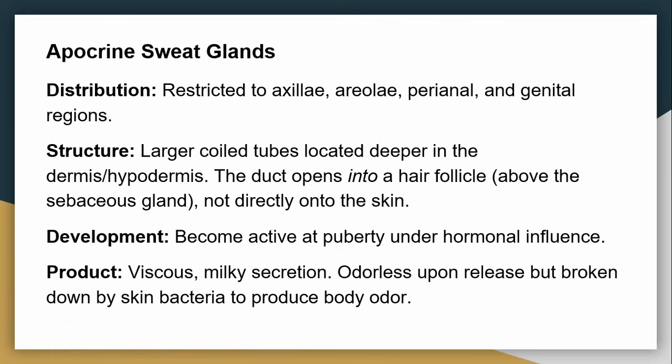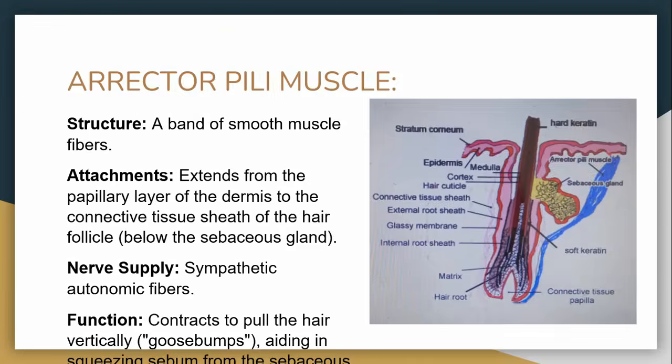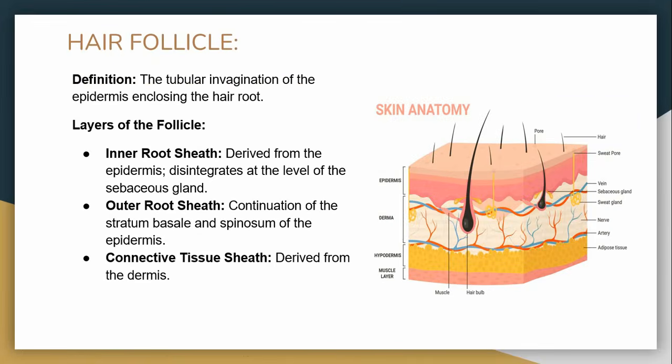You can remember that with a simple thing that helps me: apocrine comes with an A, and axilla, areola, these again come with an A. So keep in the back of your mind: apocrine, axilla. And if axilla, then the other things will come, like areola, perianal, genital, some specific regions, right? So the first difference between apocrine and eccrine was the distribution. Eccrine all over the surface, apocrine areola, axilla, etc.